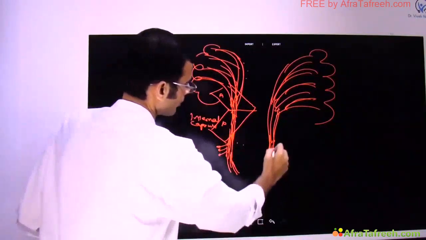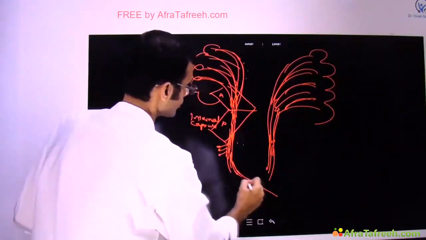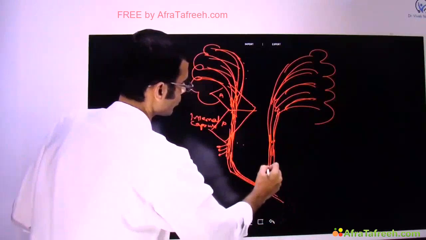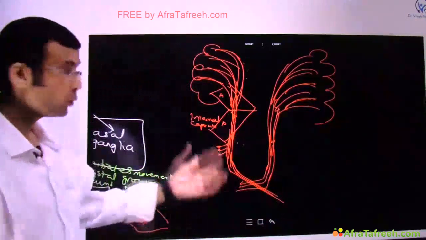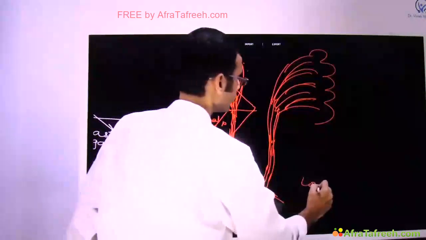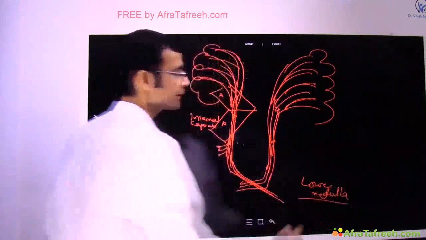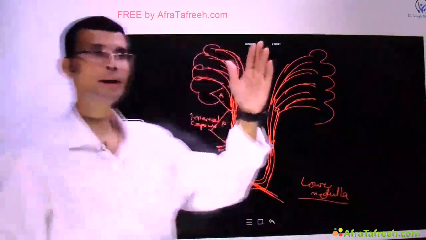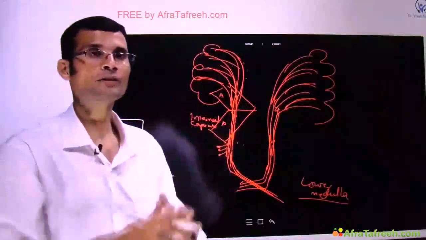85 to 90% fibers will cross the midline and go to the opposite side in the lower medulla. We saw in the sensory system, in the upper medulla, the medial lemniscal fibers were crossing to the opposite side.